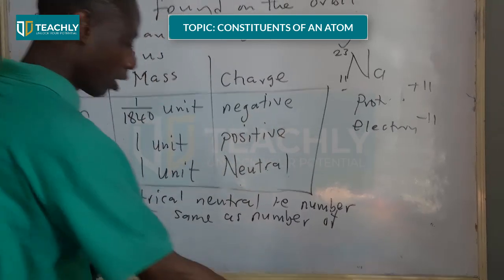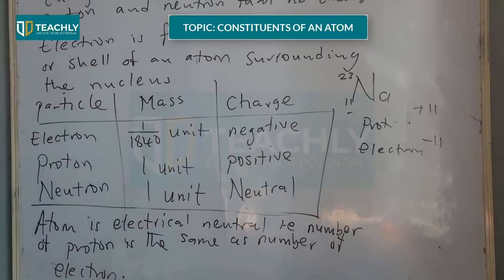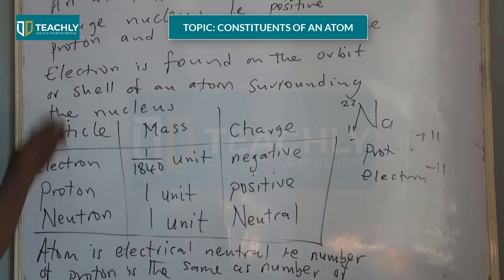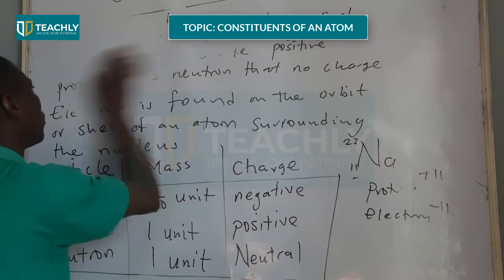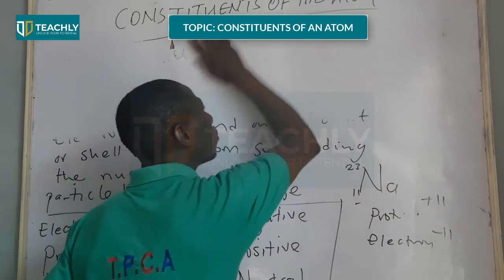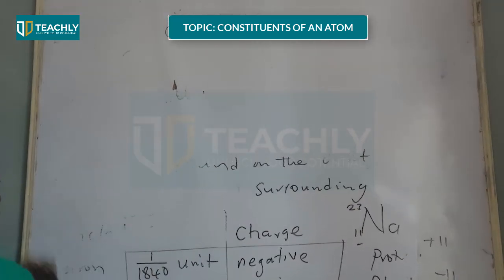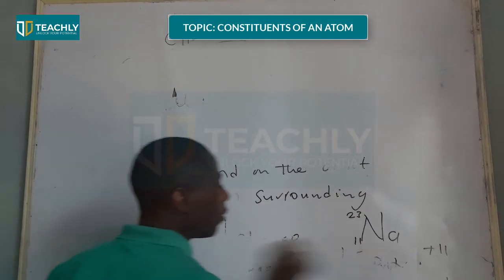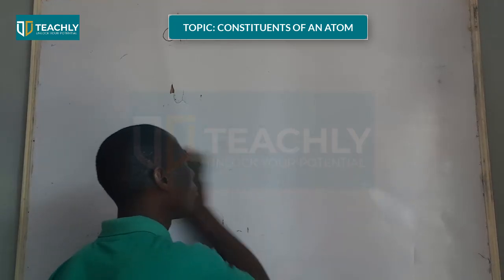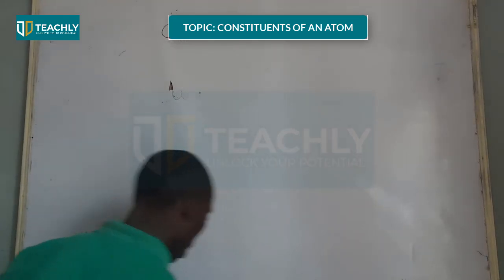So this one will now take us to Dalton atomic theory. Let's read what Dalton is telling us about an atom. He proposed, though he's the father of atomic theory.